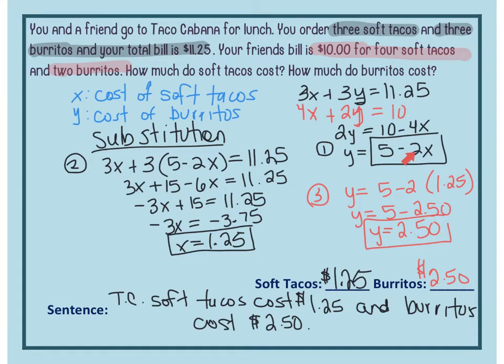Step 2 is I took the top equation and plugged it back in. Distributed, combined like terms, subtracted 15, divided by negative 3. Then I plugged this back in to find out how much the burritos were. So my final answer is that Taco Cabana's soft tacos cost $1.25 each, and burritos cost $2.50 each.